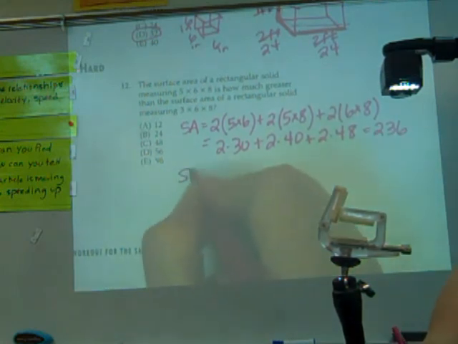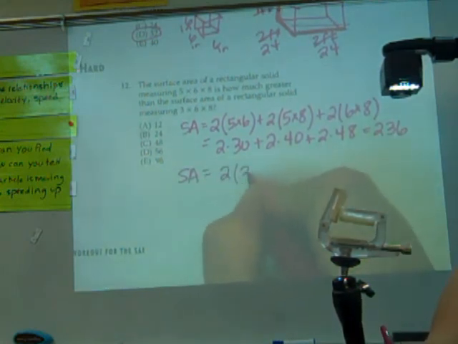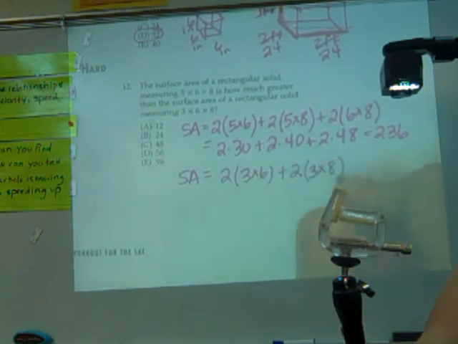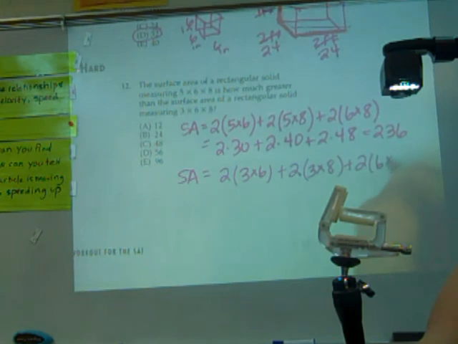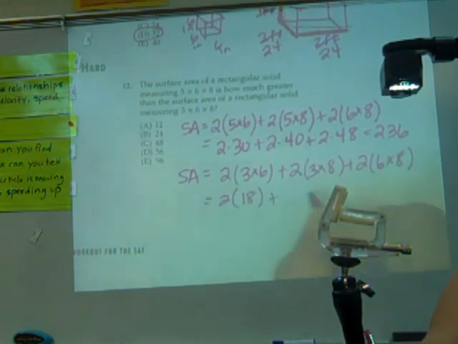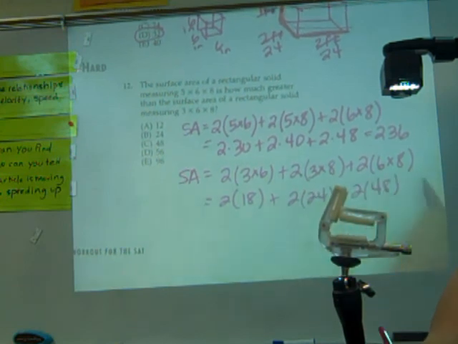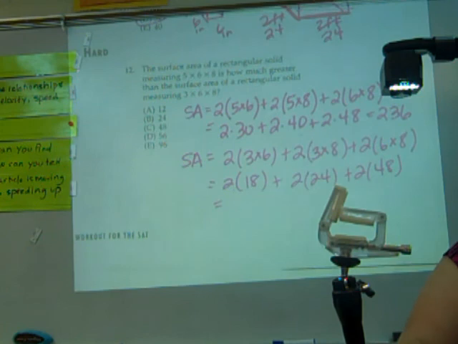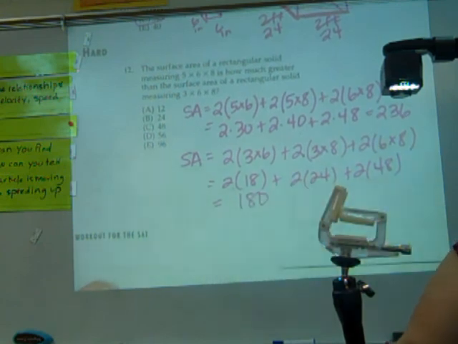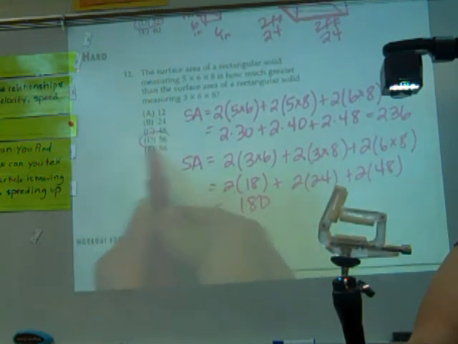And then the other one, you're going to have 2 that are 3 by 6, 2 that are 3 by 8, and 2 that are 6 by 8. This would be 36 plus 48 plus 96, 180. So that's a difference of 56.